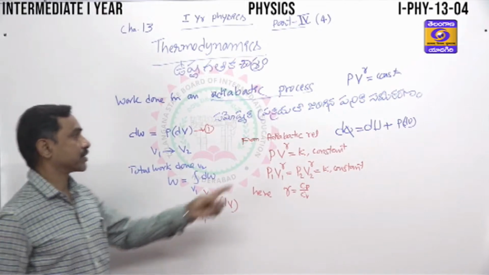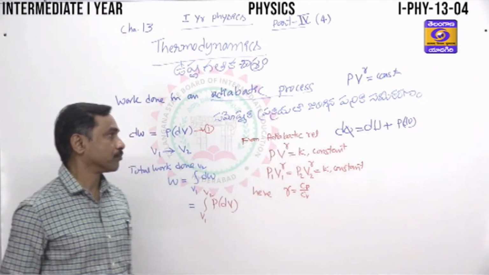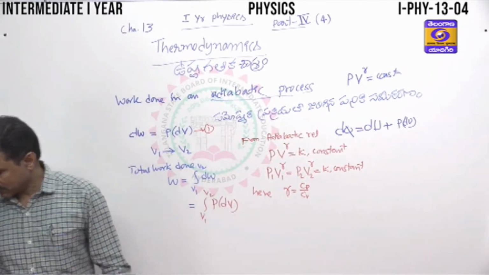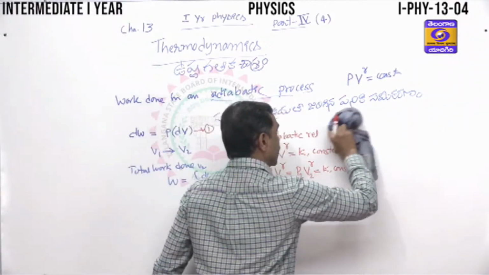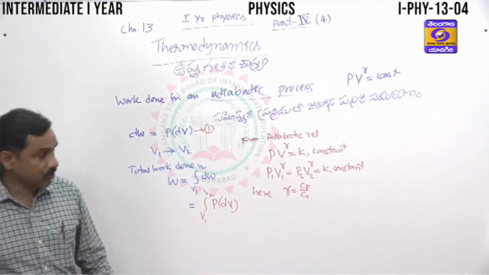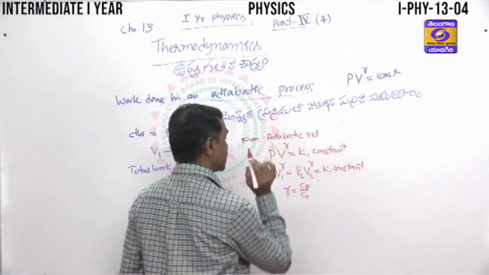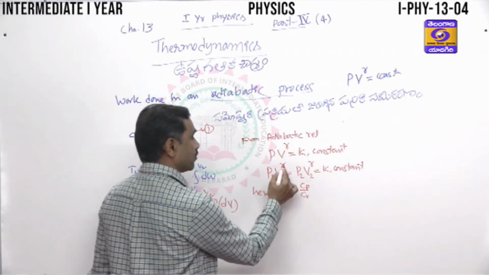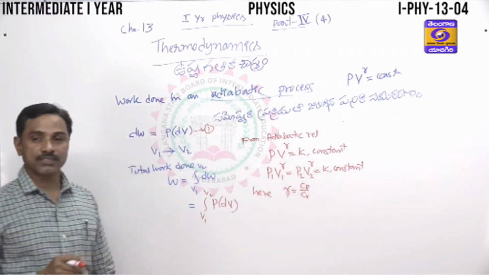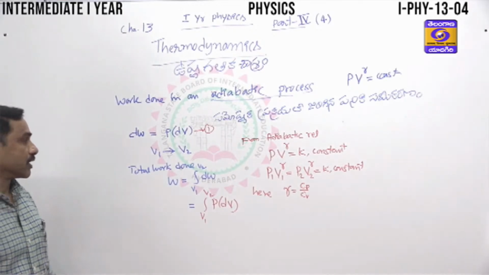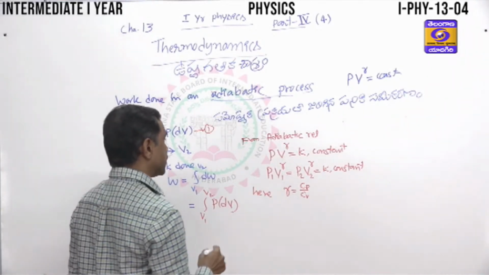But adiabatic relation, as we already discussed in the previous part, PV power of gamma is equal to K is a constant, or P1 V1 power of gamma is equal to P2 V2 power of gamma. That product remains constant. Now get back, substitute and simplify.